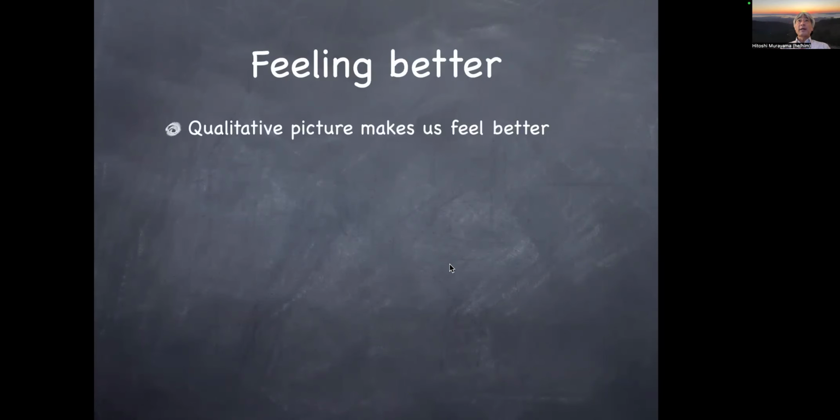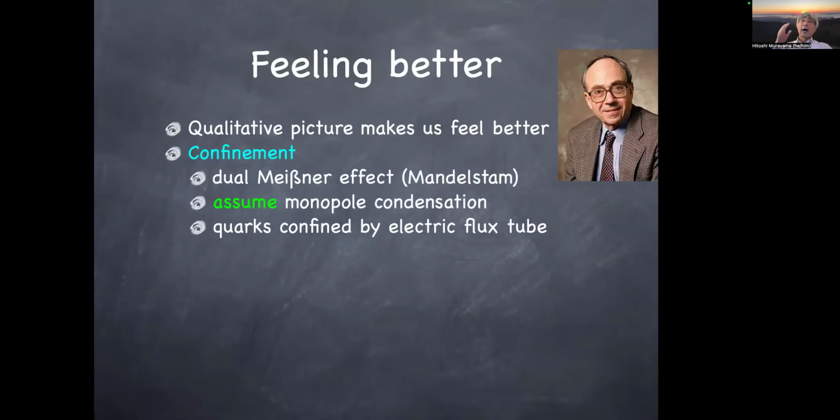And there's some qualitative picture that can make us feel better. And I already mentioned this. Our late colleague, Stanley Mandelstam, came up with this quote-unquote explanation of how confinement might work, based on this idea called the dual Meissner effect. So the Meissner effect in superconductivity, which we can study in the laboratory, is that the magnetic field can be squeezed into a tube we call a flux tube, and the energy of the flux tube is constant per length.